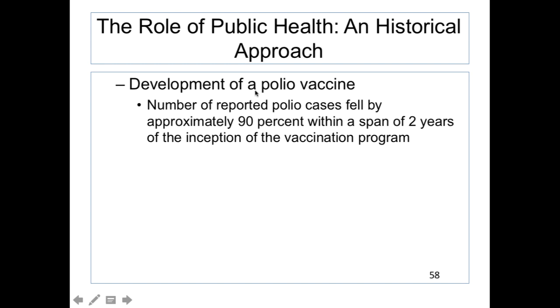Or look at the development of the polio vaccine: the number of reported polio cases fell by approximately 90% within a span of 2 years. What does this mean? Statistically, you can say 90% within 2 years.